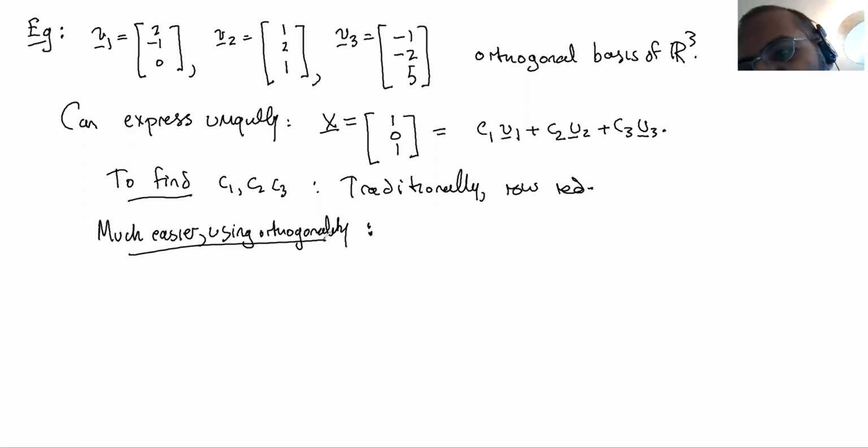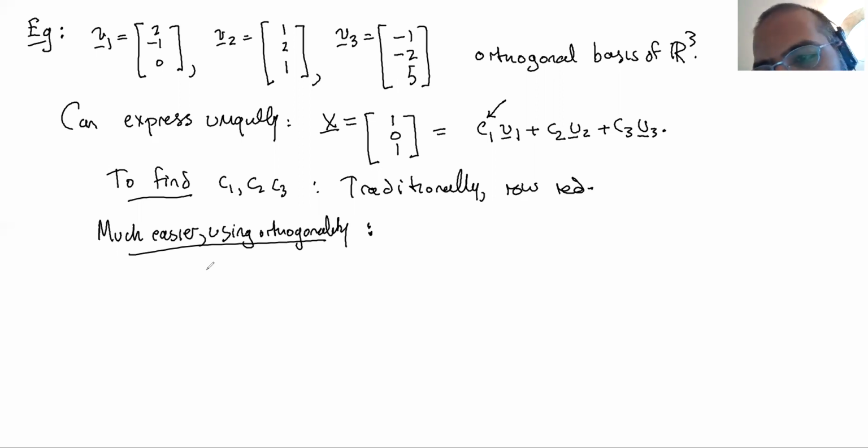So this is one of the benefits of orthogonality. It actually lets you avoid row reduction. So what's the idea? It's very similar to what we did in the proof, right? Let's say I want to find C1. I somehow would like to isolate that coefficient C1, right?